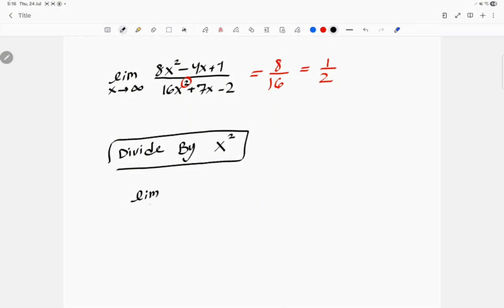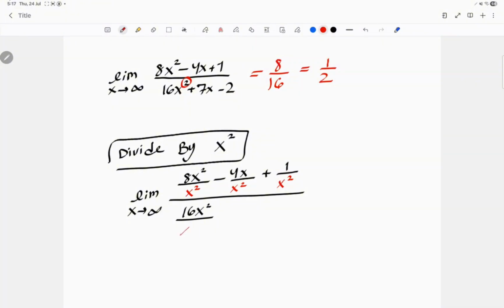So you're going to have limit of x approaching infinity, 8x squared divided by x squared, minus 4x divided by x squared, plus 1 divided by x squared, over 16x squared over x squared. You get the idea. But now the follow-up work is not the easiest. We should be careful.